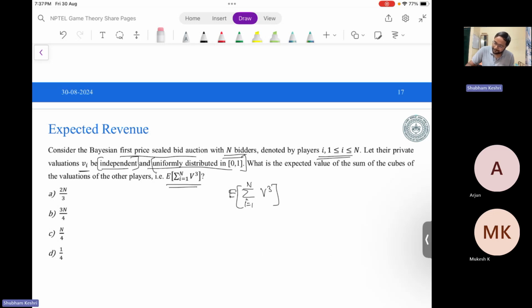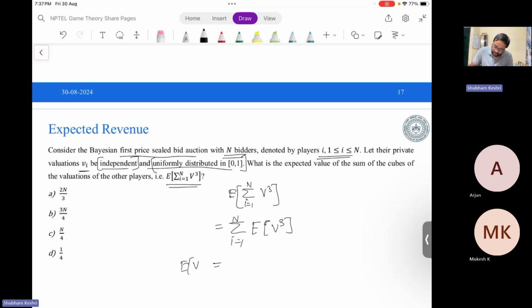This will become the summation of i equals 1 to n of the expectation of v cube. Is this clear? Yeah.